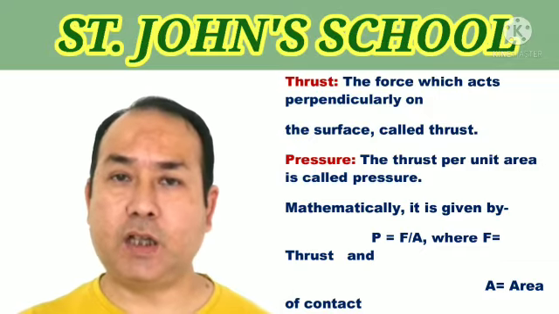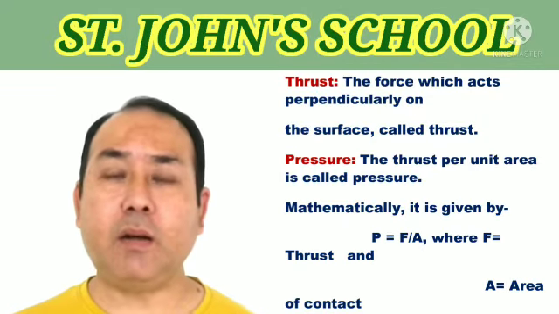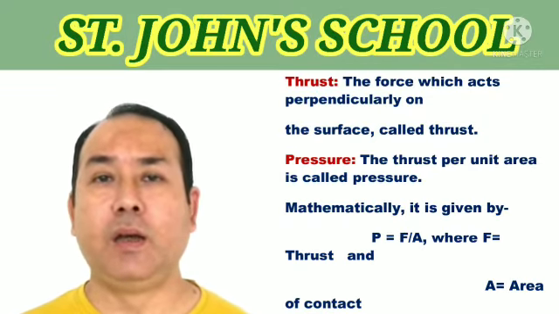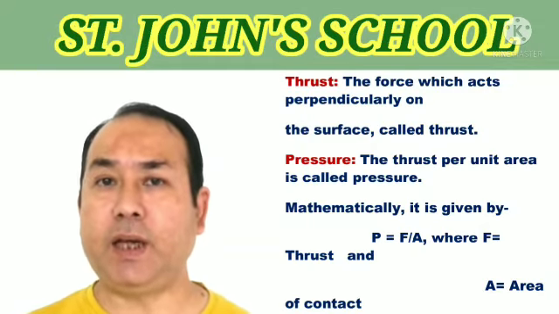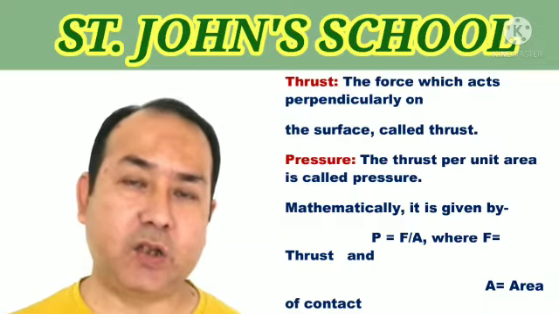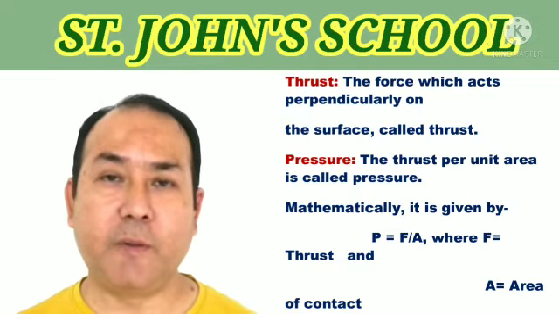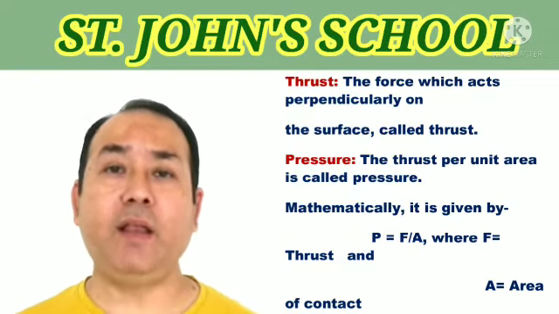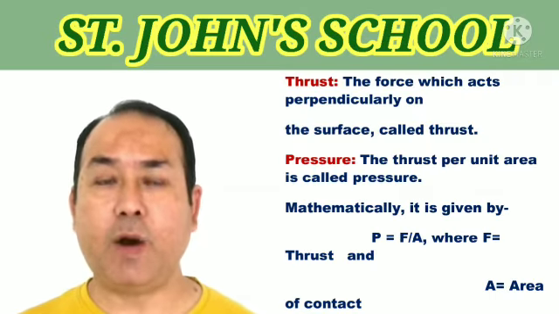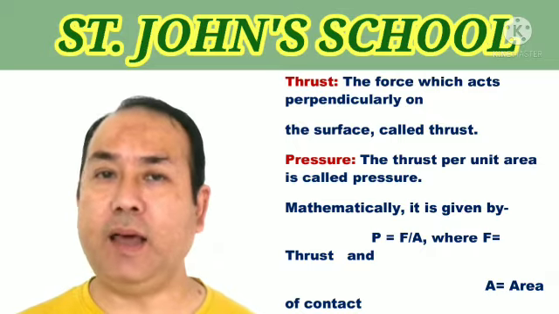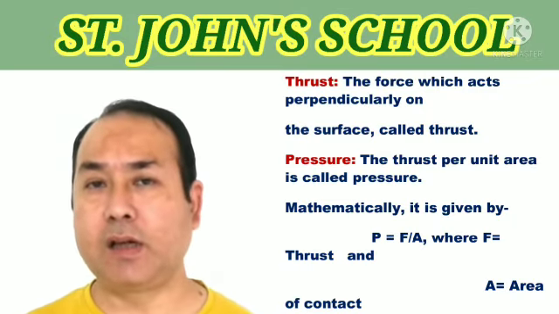Now let us discuss pressure. Pressure is actually thrust per unit area. Pressure is defined by saying that thrust per unit area is called pressure. So when force is applied perpendicularly on a surface, we actually apply pressure on that surface.